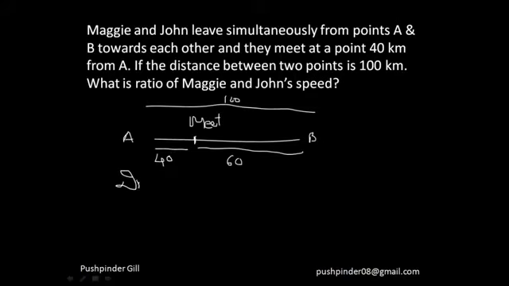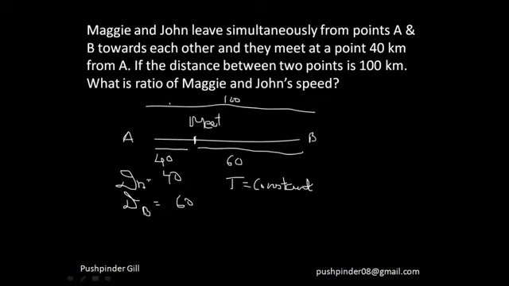The distance that A has traveled is 40 kilometers and the distance that B has traveled is 60 kilometers. Right? Now remember guys, when they are meeting, the time taken by them to cover this 40 kilometers and this 60 kilometers is the same. That means I can say that the time over here is constant, right? The time over here is constant.